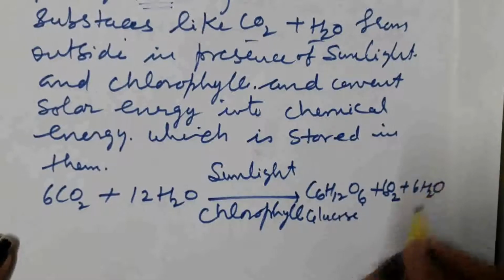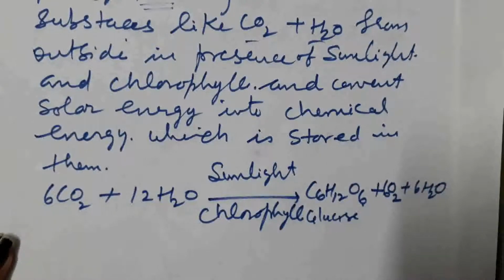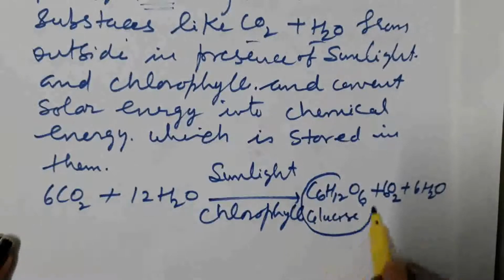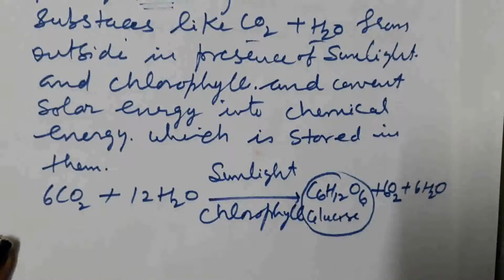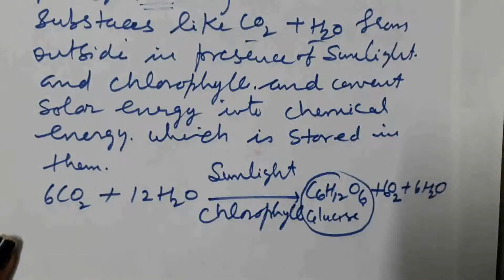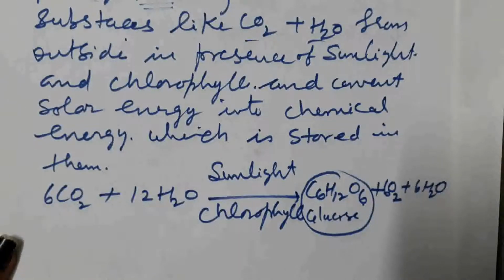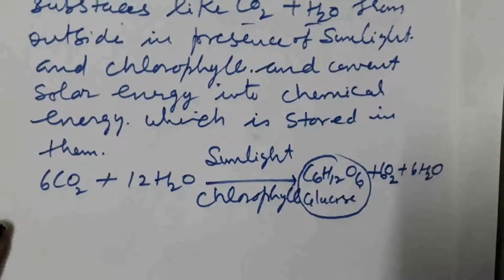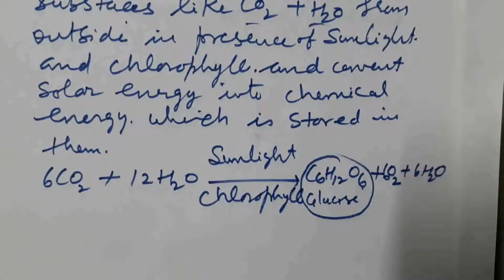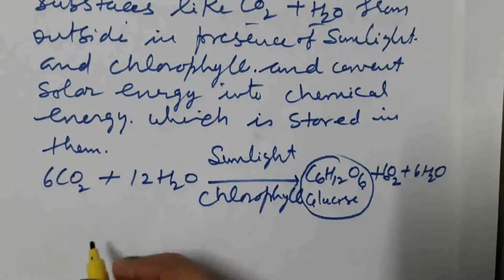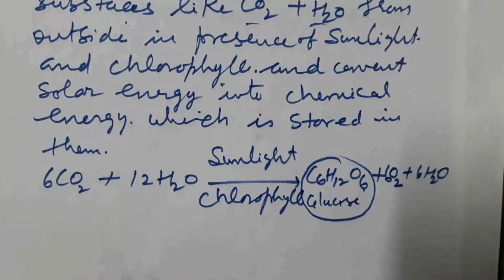A few molecules of water are also produced. This glucose is utilized by the green plants for obtaining energy, but some of the glucose is not utilized immediately and is stored in the plant in the form of starch.